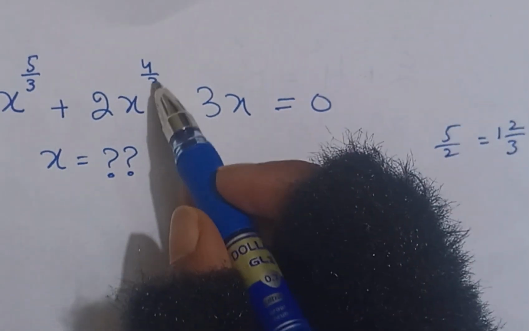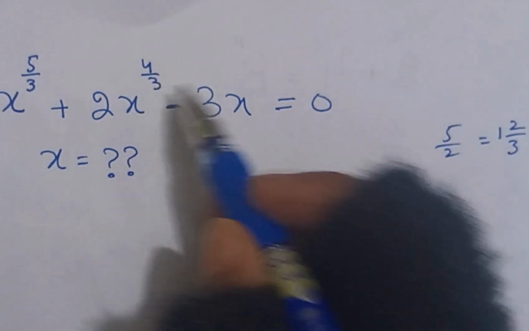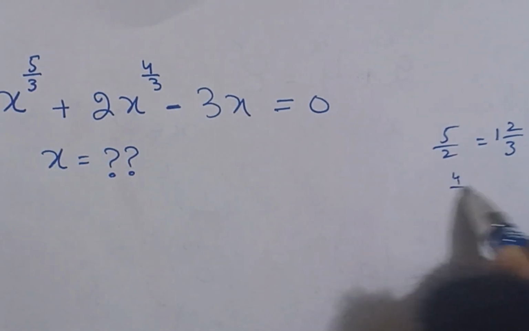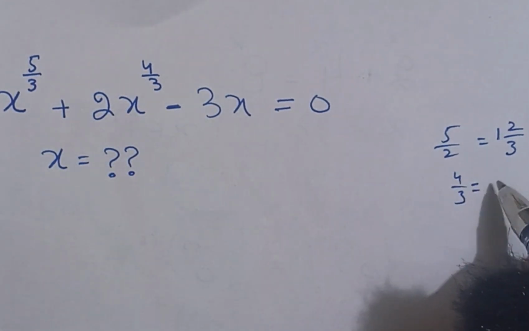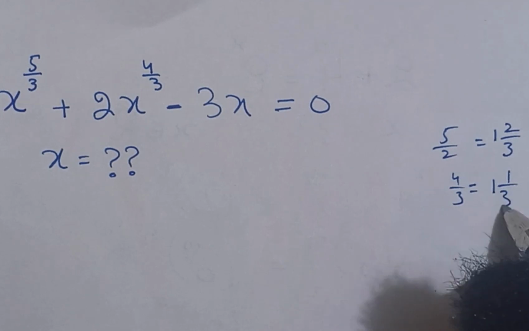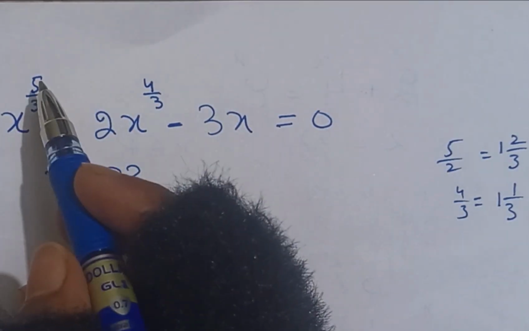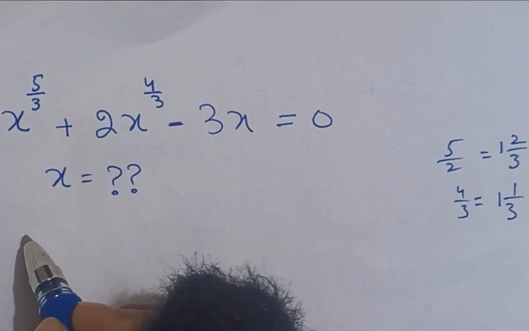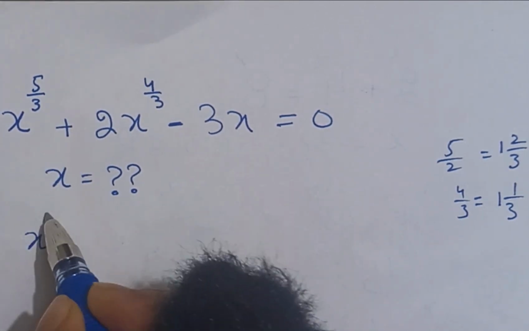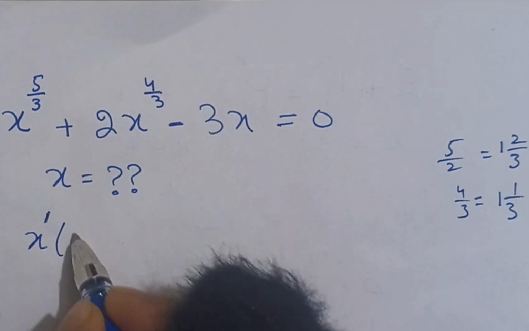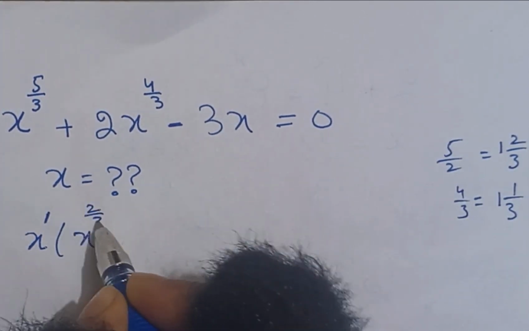Similarly, this is 4 over 3 and this is an improper fraction, so we can write 4 over 3 as 1 1 over 3. So this implies x raised to the power 5 over 3. We can write this as x raised to the power 1 multiply x raised to the power 2 over 3.